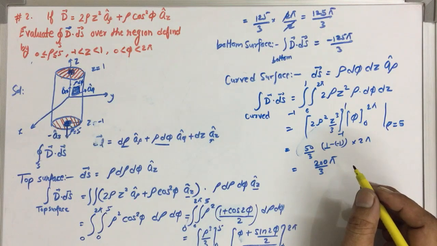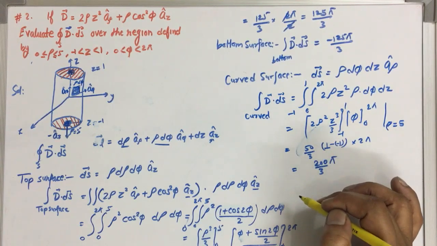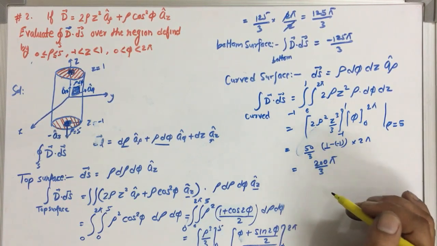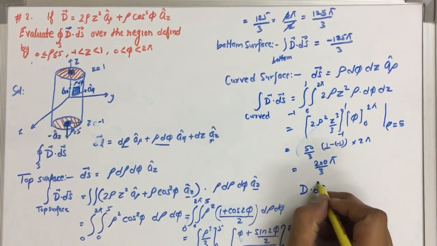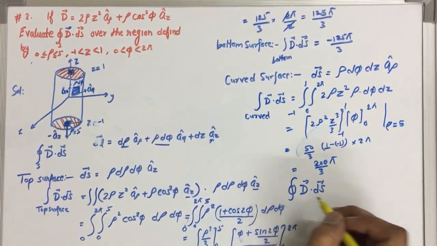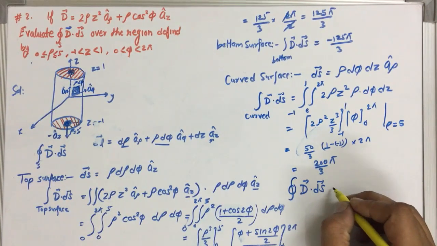Hopefully it is meaningful. Now we have to find the total D dot dS for the complete surface.